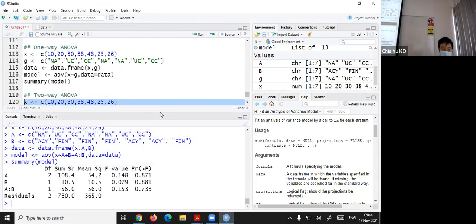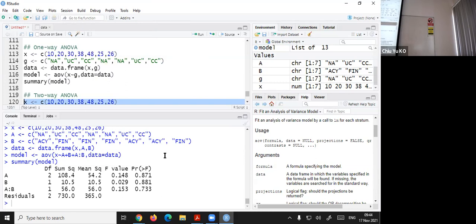Much faster, and then we're done, right? This is what you want. Look at this: SSA, SSB, SSAB, SSE, MSA, MSB, MSAB, and MSE. And then the F for A, F for B, F for the interaction. And then look at the p-value.